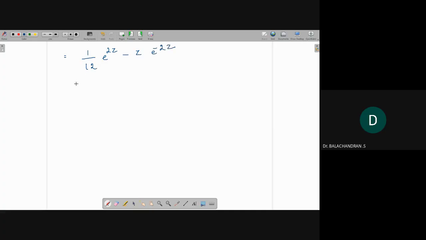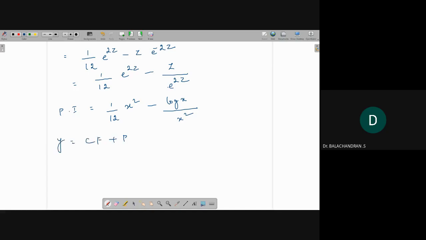So now you should convert in terms of x: e power 2z is x square, minus z divided by e power 2z. So PI equal to 1 by 12 into x square, where x is equal to e power z, minus z equal to log x by x square. This is PI. So finally, again write y equal to CF plus PI. That's over.